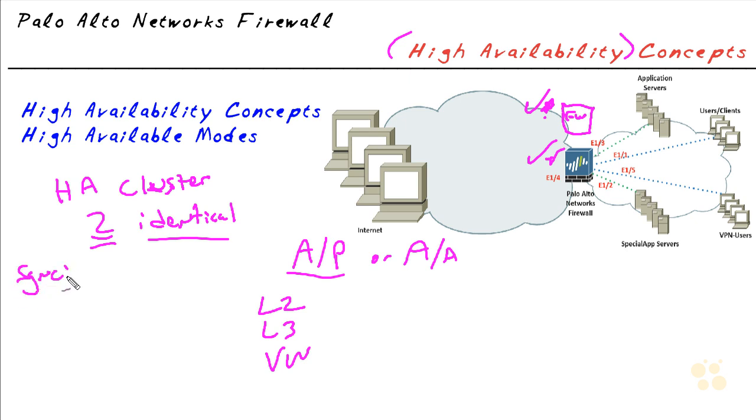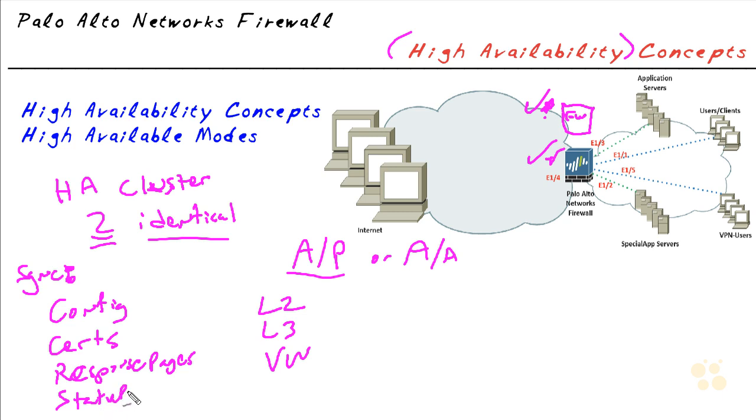So we'll sync things: synchronization of my config, my certificates, my response pages, which is what the users will be sending back, and of course the responses to that as well, and any stateful connections. Right? So anything that we're doing in there, keep in mind there is not synchronization of stateless connections.